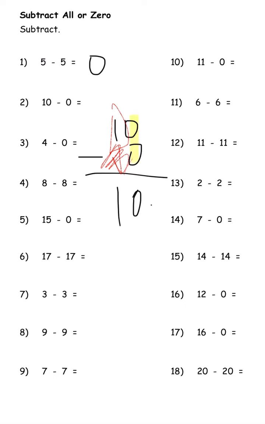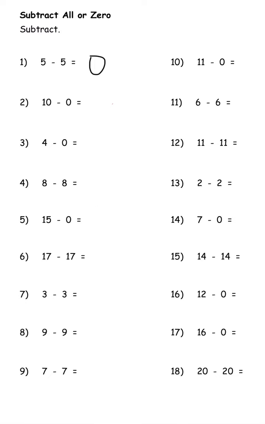We just bring down the number. So we just bring down 1 over here, which would make it 10. So we put 10. And now we can see that any number minus 0 would be the same number. The answer would be the same number.